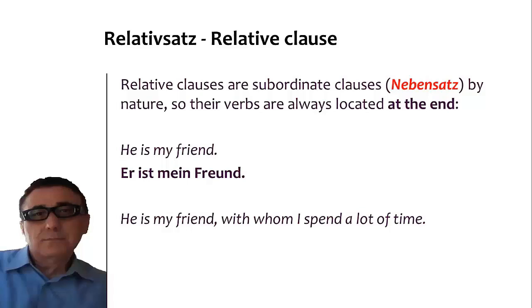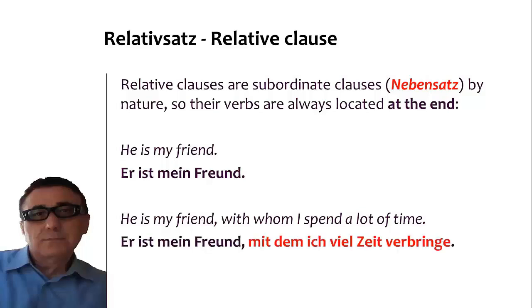Because I want to say with whom, which is a dative example, article der turns into dem. With whom in German is mit dem. And now my sentence becomes: ist mein Freund, mit dem ich viel Zeit verbringe.